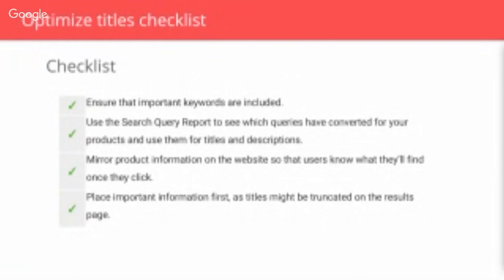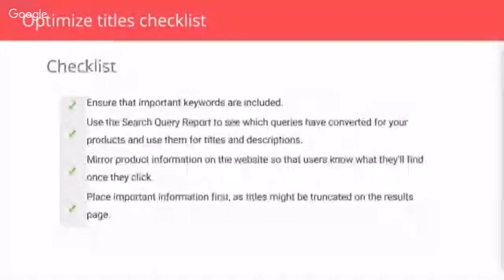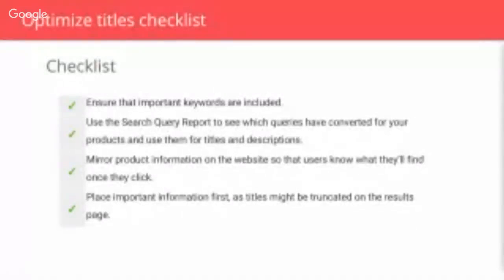Another great thing to do is use the search query report to see which queries have converted for your products and use them for titles and descriptions, right? Get into these more granular reports and see what's actually bringing people to these product listings. Then you can retool that information and put it in your ads and make it more enticing.